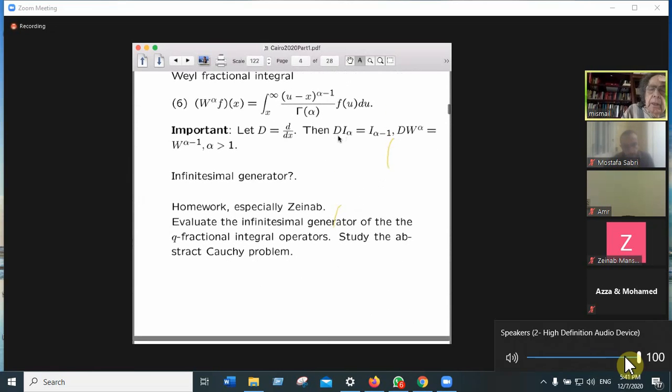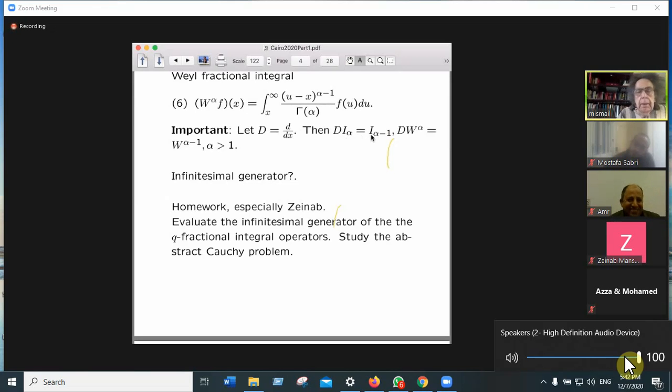You see, the derivative acting on an integral of order alpha is I alpha minus 1. So not only do I want to develop this I alpha, the analog of I alpha, to be a semigroup, but I also want the Askey-Wilson operator, when it acts on it, to reduce alpha by 1. So this is a fundamental issue here.